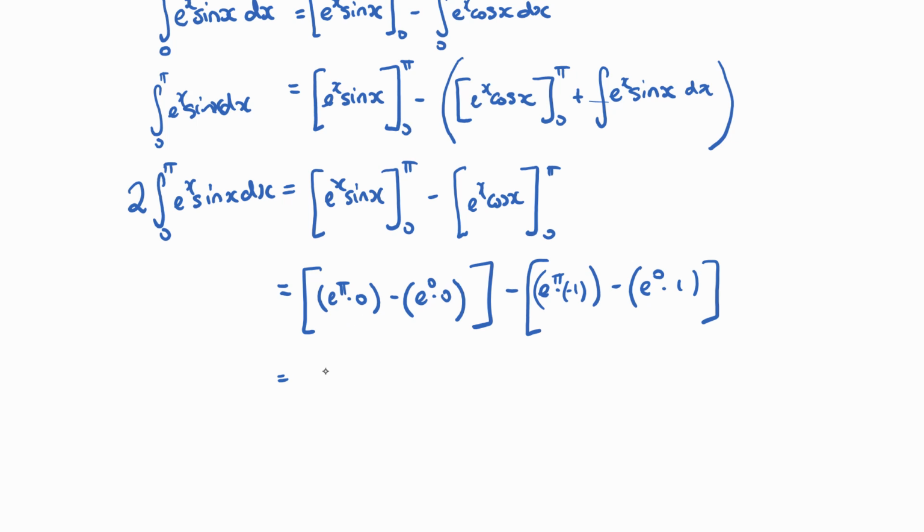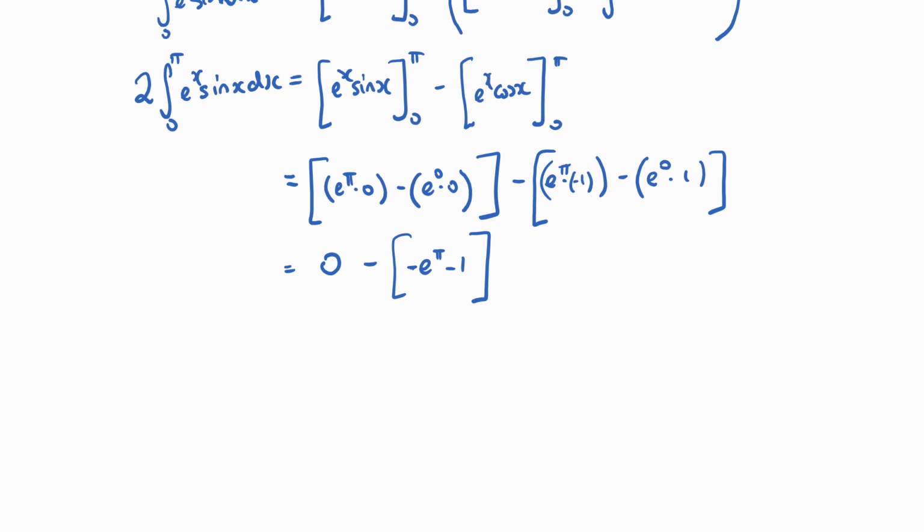So this will equal 0 minus, now e to the pi times negative 1 will be negative e to the pi, and then we have minus 1.